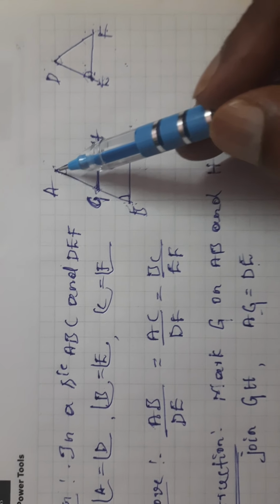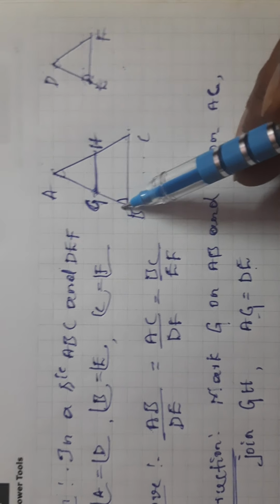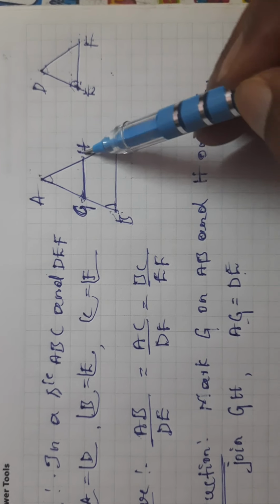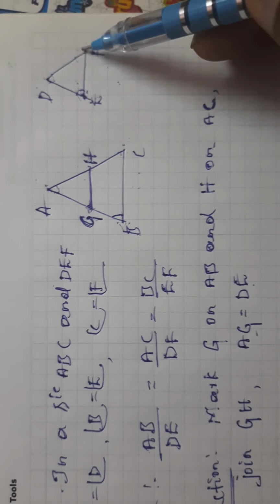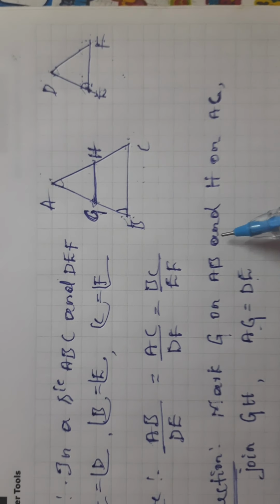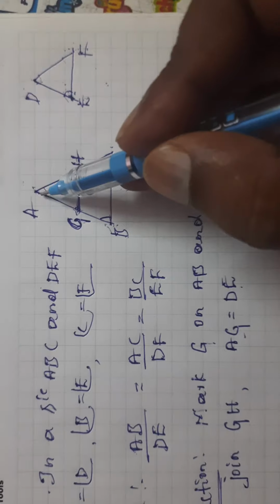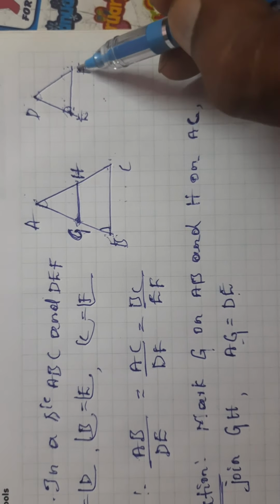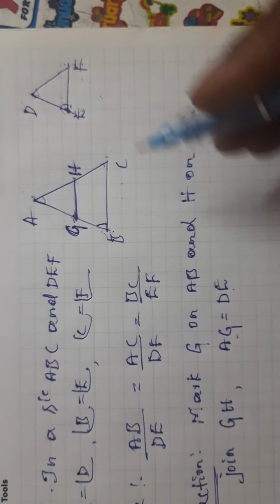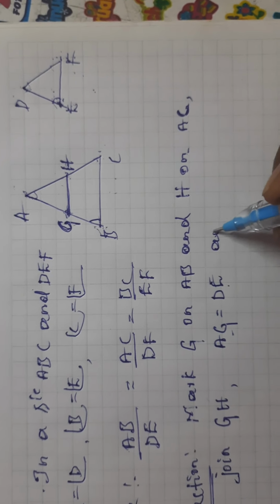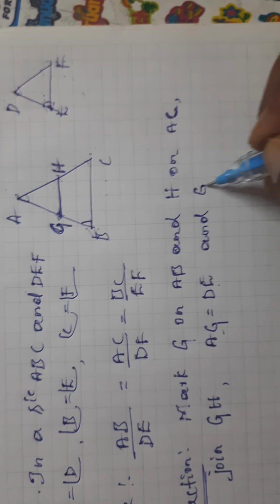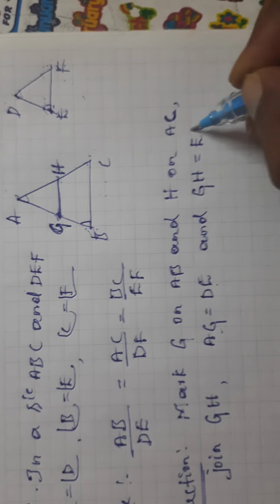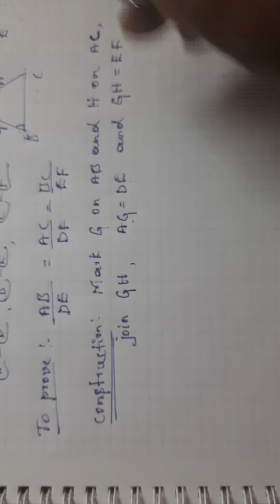That type of construction we have to construct: AG is equal to DE, AH is equal to DF, and GH is equal to EF.